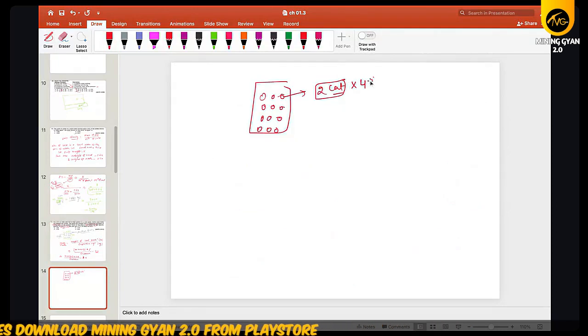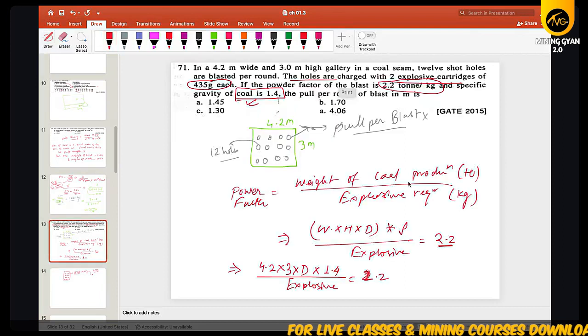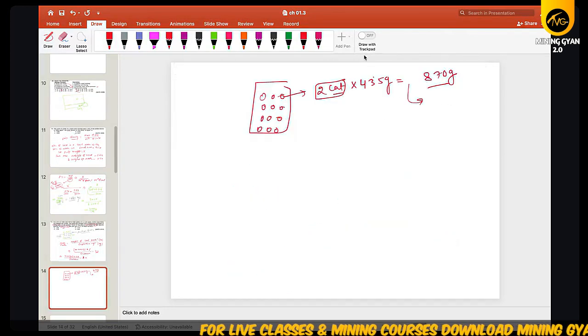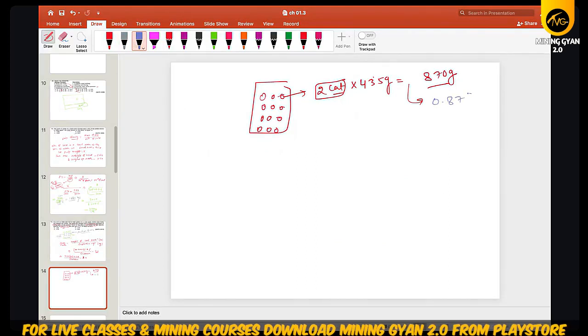So 2 multiplied by 435 gram, we get 870 gram in a single hole. If we calculate in kg, because our powder factor is in kg, it will be 0.87 kg required in a single hole.